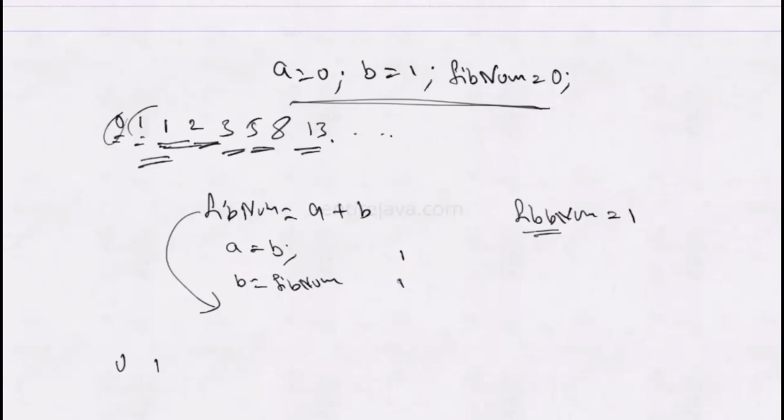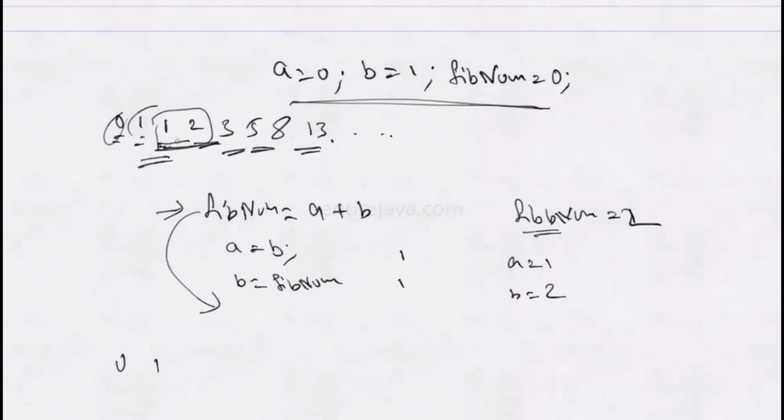And again, we'll try to find the sum of a and b, so that will make it 2. We're going to assign the value of b in a, so that will make the value of a 1. And then the value of b will become 2. So we got these two values.